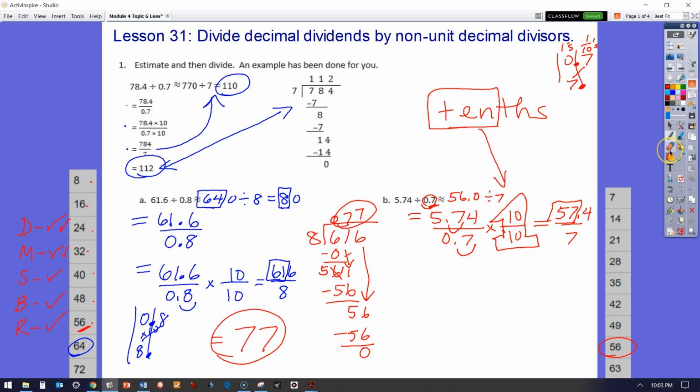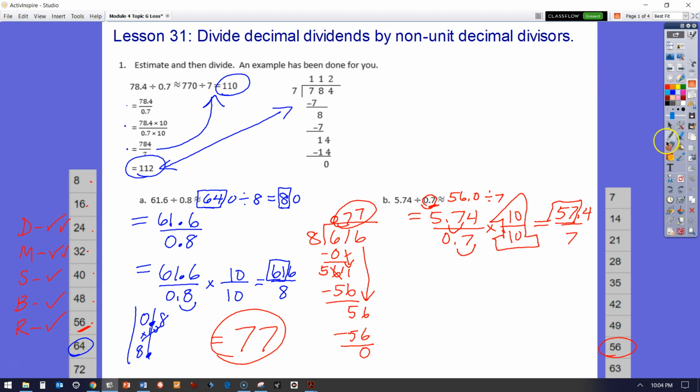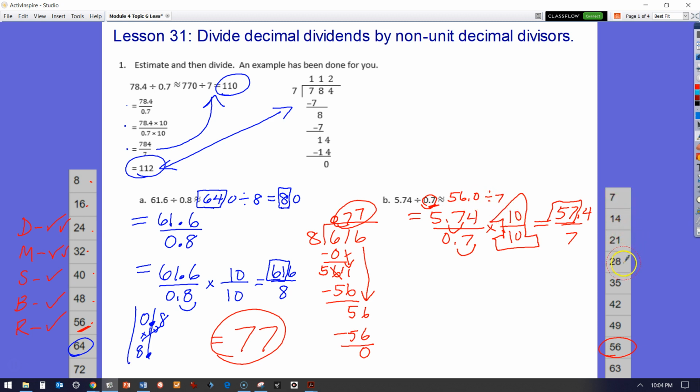Let's free up some space here, erase some things. All right, so now I say, well, 56 divided by 7 is 1, 2, 3, 4, 5, 6, 7, 8. So our answer should be somewhere around 8.